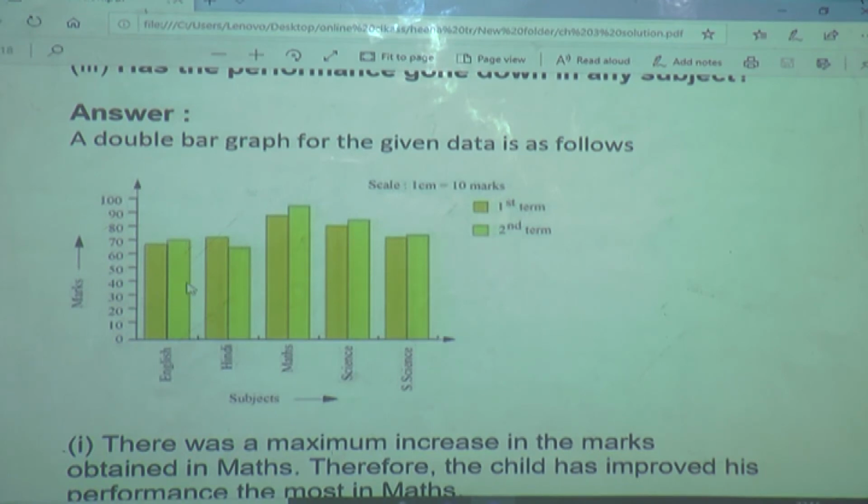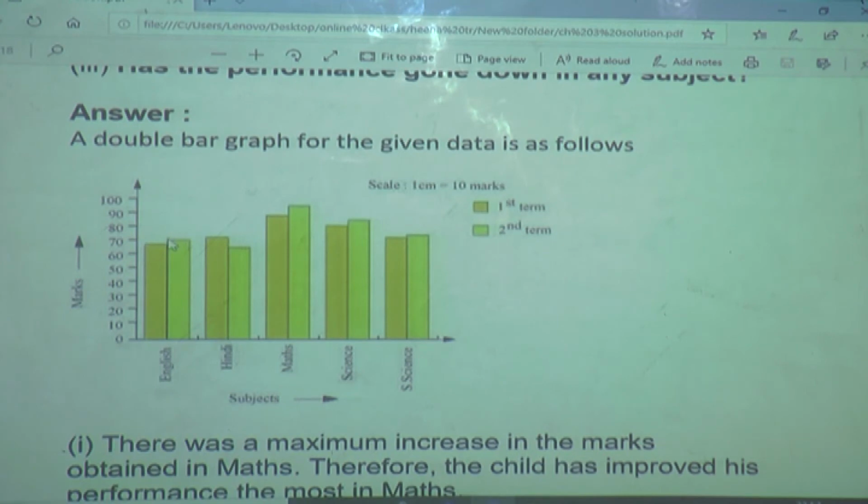Why different colors are given here, I will explain. When you are drawing on graph paper, one bar should be kept blank without drawing anything inside, and the other bar of the same subject should be drawn with across lines. So you can identify very easily by seeing what the maximum marks in the second term in English were.